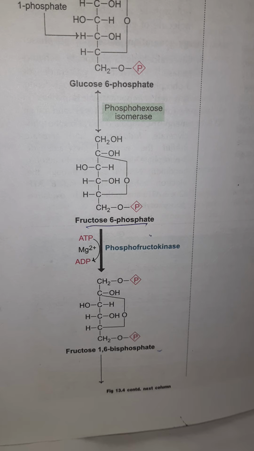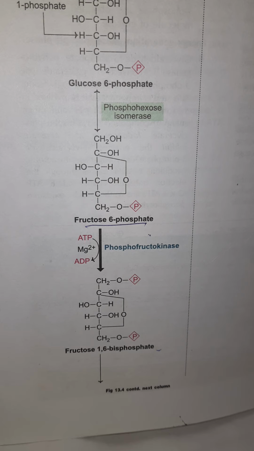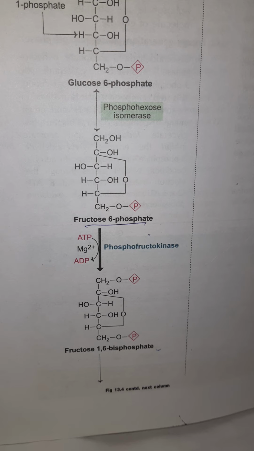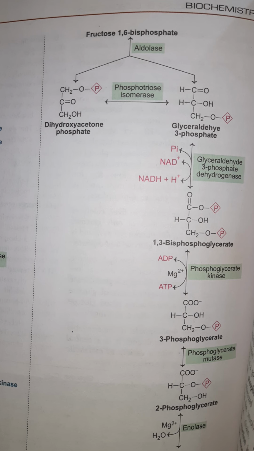This step also utilizes one molecule of ATP in the presence of magnesium ion. So in the first stage, that is the energy investment phase, it utilizes 2 molecules of ATP.